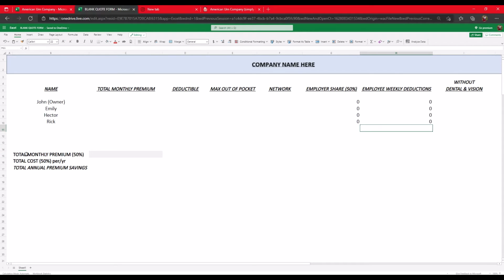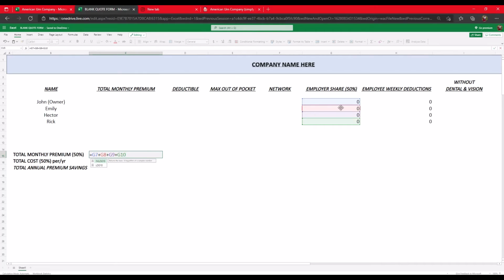Okay. This is where total monthly premium at 50%, that number would go here. So basically it's going to be all of these numbers combined. So what we're going to do is we're going to put equals G7 plus G8 plus G9, plus G10.